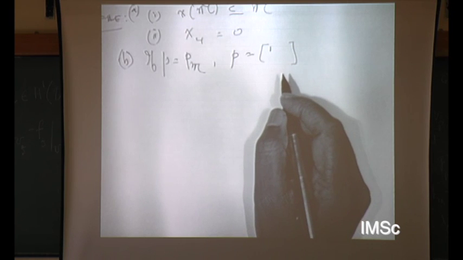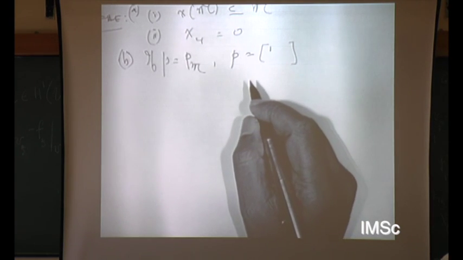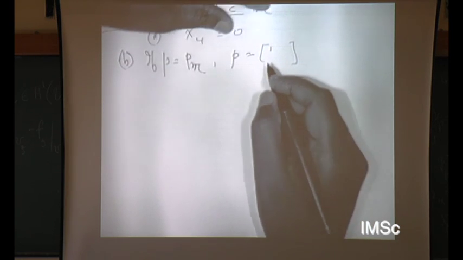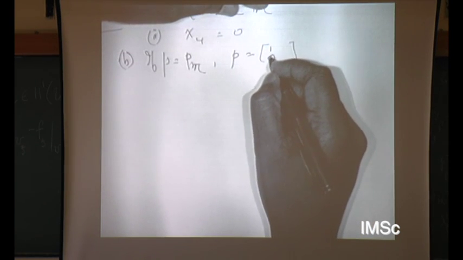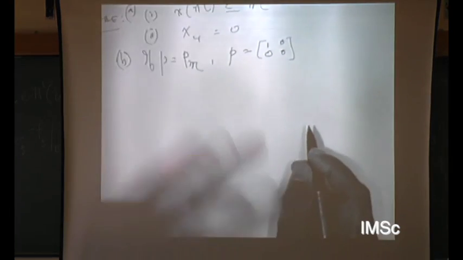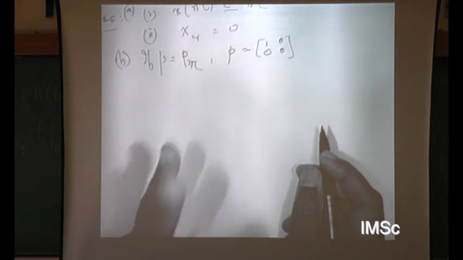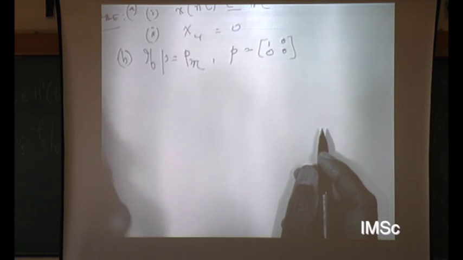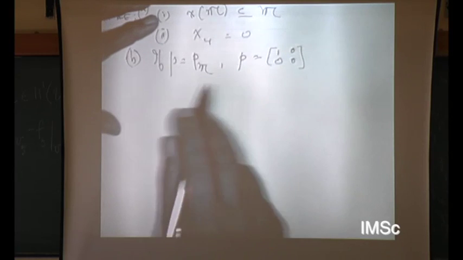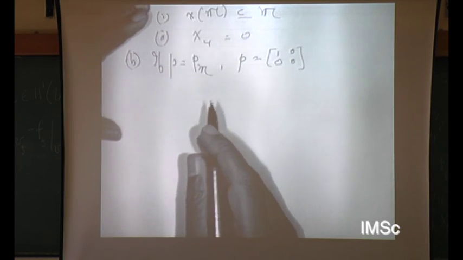This is just, it kills M perp and sends it to identity on M. Right? So this is what the projection on M looks like. Okay.